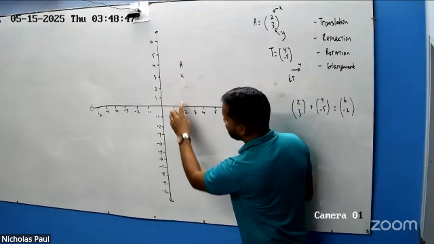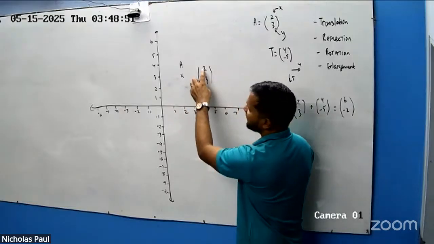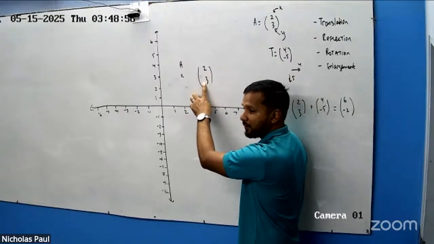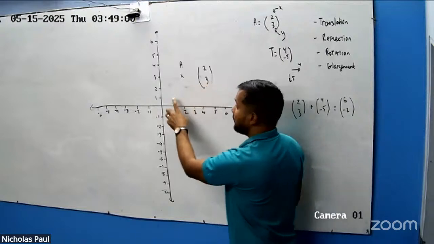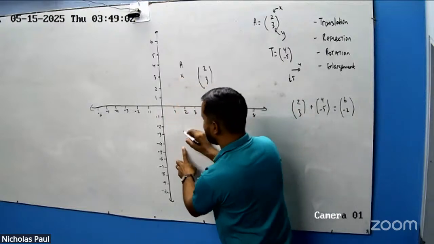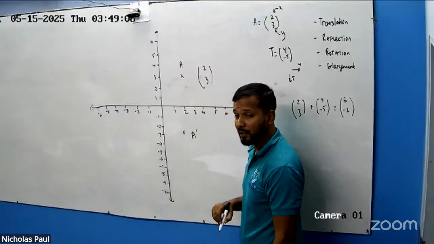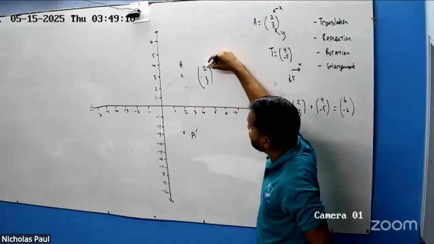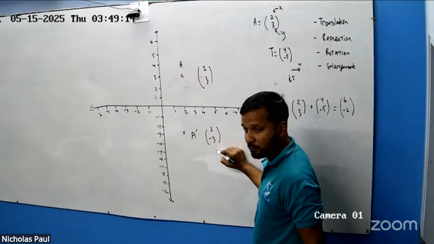So the x value stays the same, but the y value changes sign. That's okay, Jamal? That correct? So it'll be 2, minus 3. If I reflect A in the x-axis, you keep the x value the same, but you switch the y value. That's okay, yeah?